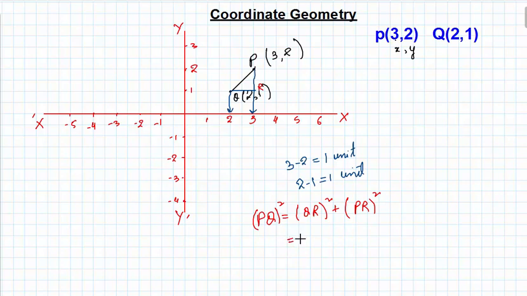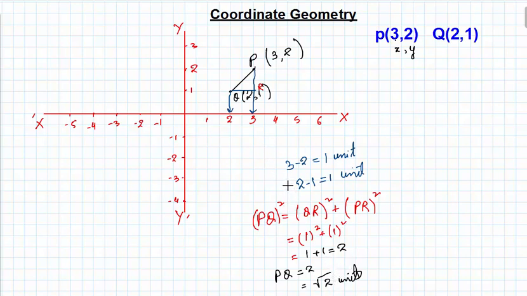It means QR square, 1 unit square plus 1 unit square is equal to 1 plus 1, which is equal to 2. It means the PQ distance is equal to under root 2 units. The distance of P and Q is under root 2 units.